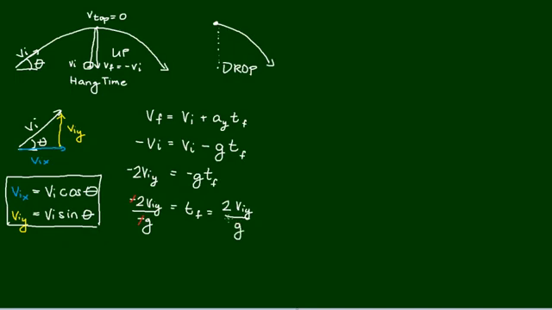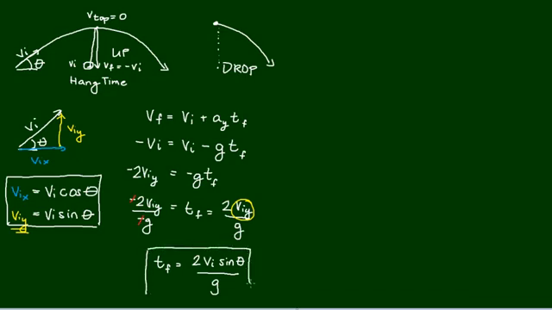However, it does not end there, because we know that this Viy can be substituted. Okay, this Viy can be substituted using this relationship, and thus the time of flight of an angled projectile would be equal to 2 times the Vi sine of theta all over g, gravity.